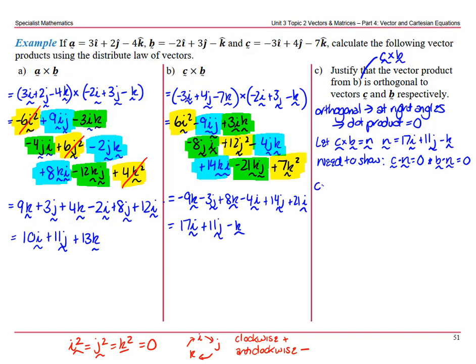So let's find C dot n first. If it helps, write what C is. So it'll be negative 3 times 17 plus 4 times 11 plus negative 7 times negative 1.